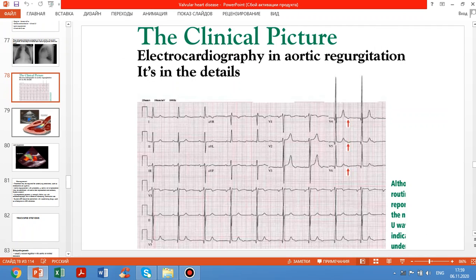Electrocardiography in aortic regurgitation also shows signs of left ventricular hypertrophy, with high R waves in lead I, aVL and V4, V5, V6 leads, also deep S waves in aVF, in the second and third leads, and deep S waves in V1, V2, V3 leads.